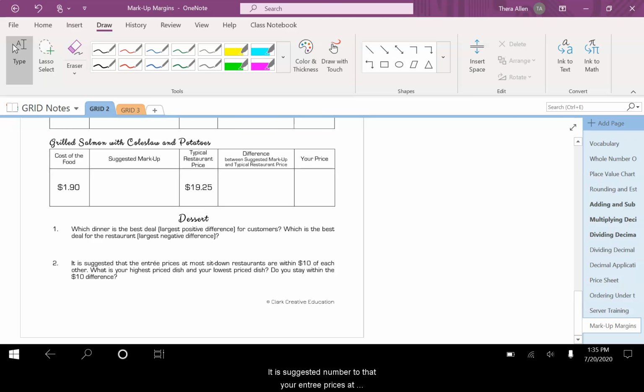It is suggested, number 2, that your entree prices at most sit-down restaurants are within $10 of each other. What is your highest price dish and your lowest price dish? Then did you stay within the $10 difference? These are just up to you. So remember, there is no right or wrong answer.